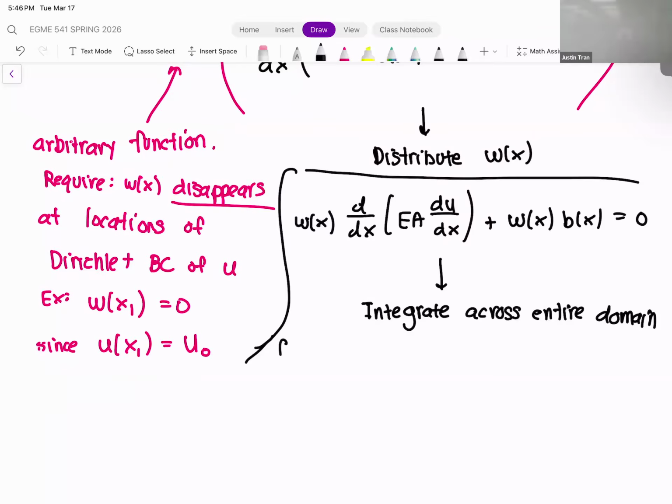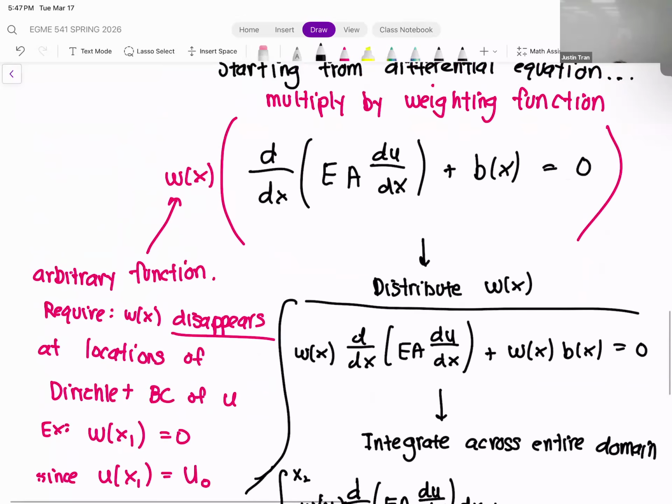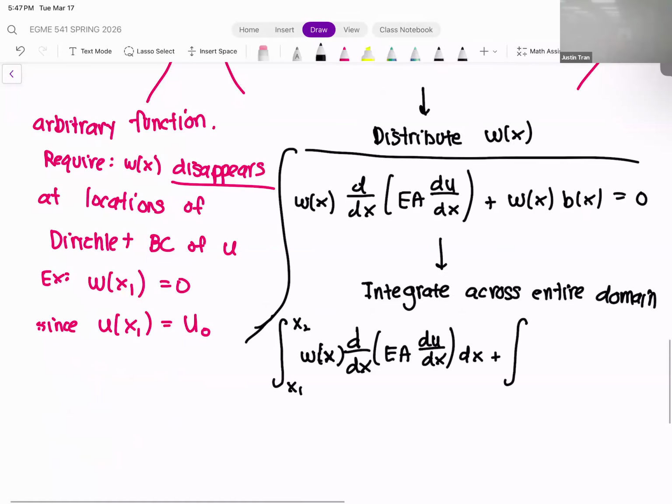So we're going to integral from x1 to x2 of w of x d dx of EA du dx dx, plus integral from x1 to x2 of w of x b of x dx is equal to 0.